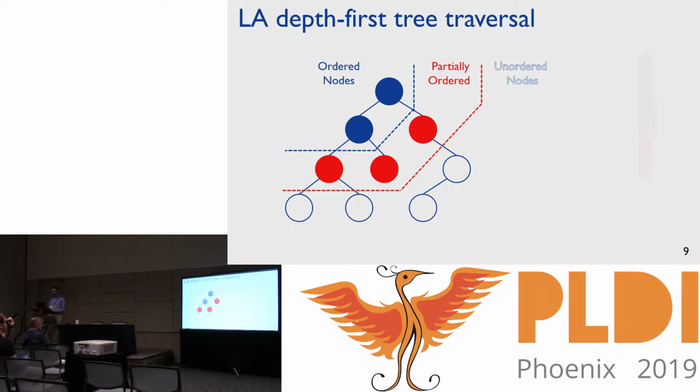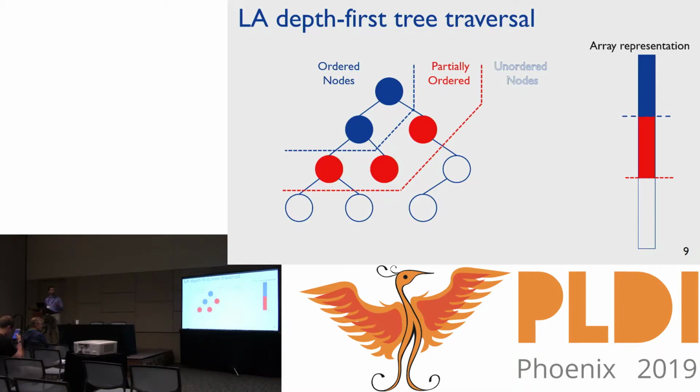Okay? And we use an array representation to describe these sets. So we have the ordered nodes on the top of the array, the partially ordered in between, and the unordered nodes in the leftover. Now, every step that expands the frontier essentially selects one node and determines a few nodes, in particular 2 nodes in the case of the binary tree, which belong to the unordered nodes.